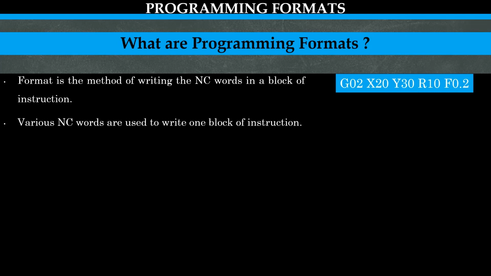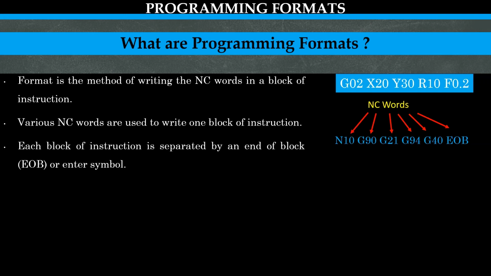Various NC words are used to write one block of instruction. N word and G word are used in this block to write a particular instruction. These together are called NC words, which form one block of instruction.